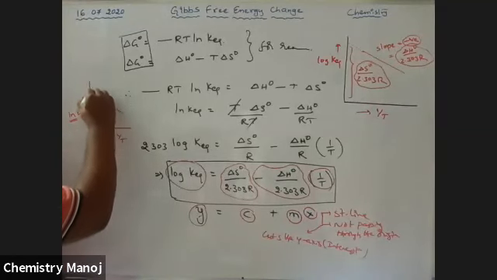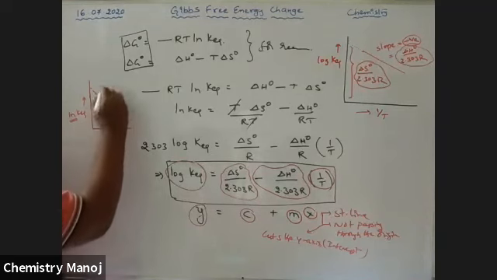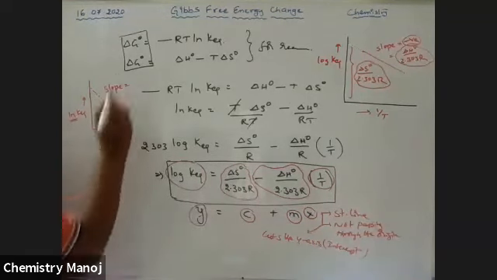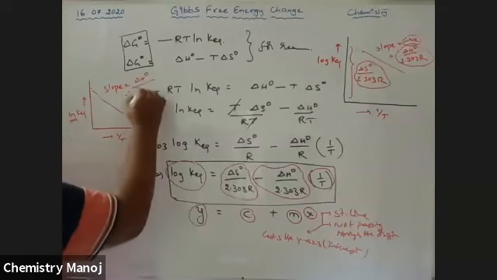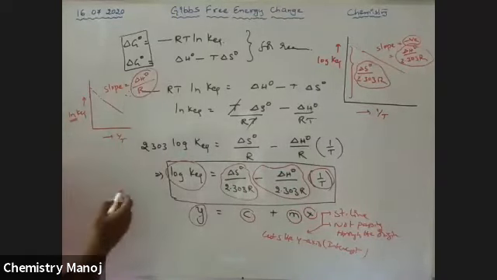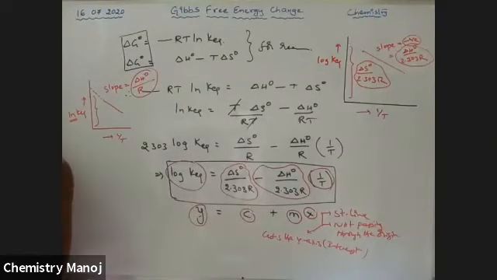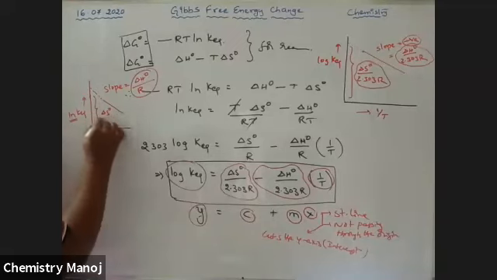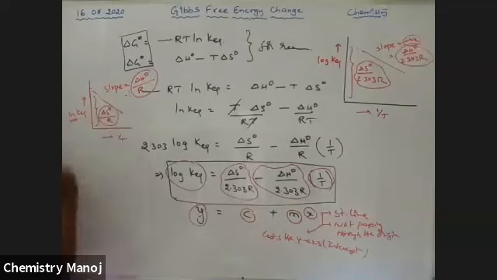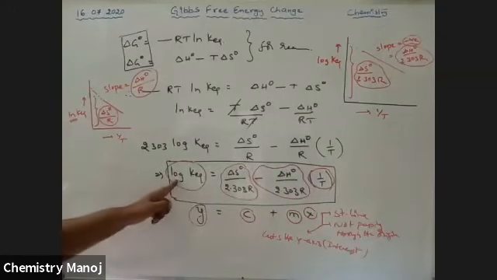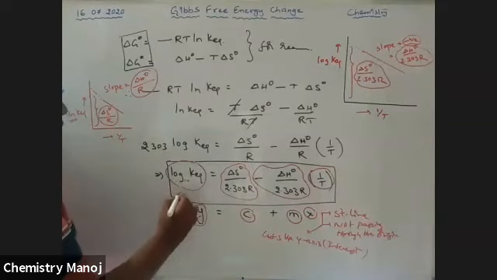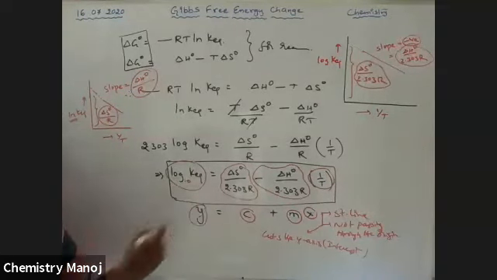It cuts the y-axis at one point. So slope is equal to delta H naught by R, just R, because it is ln. And intercept is equal to delta S naught by R. So please try to mind it. If it is ln, 2.303 is not there. If it is log, that is base 10, so there is 2.303 there.